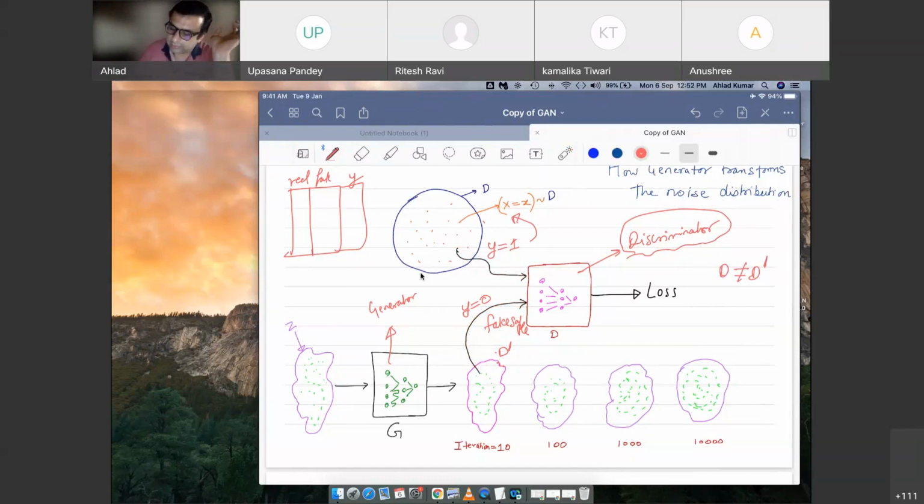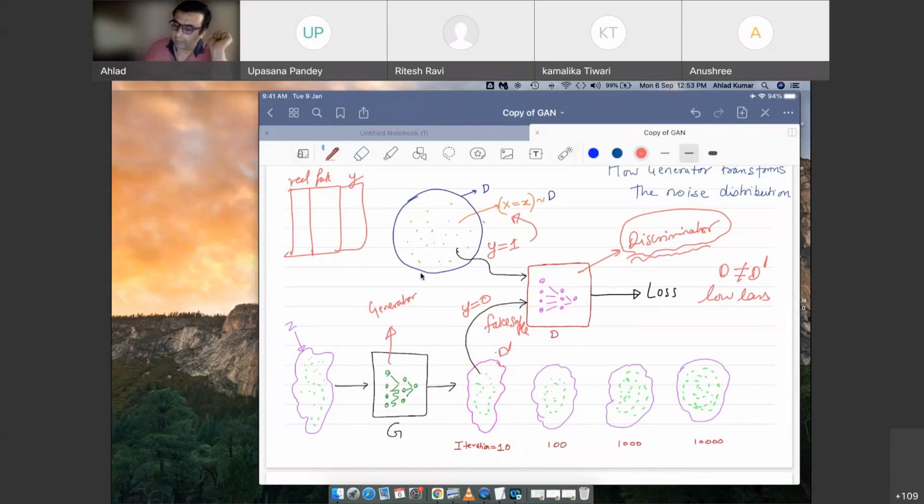So what happens? The discriminator creates a very high loss. No, sorry, it will create a very low loss, because as far as the discriminator is concerned, it was able to judge the two.